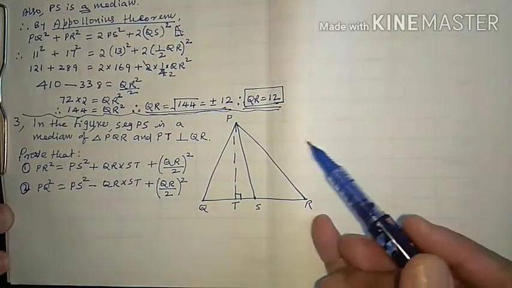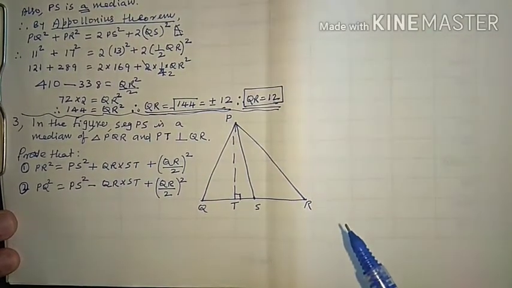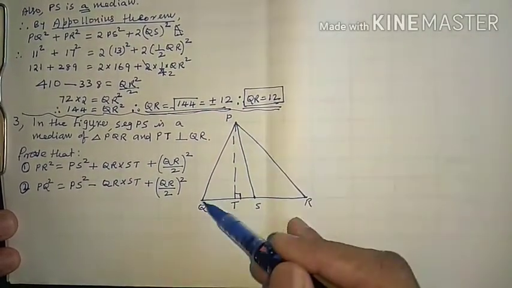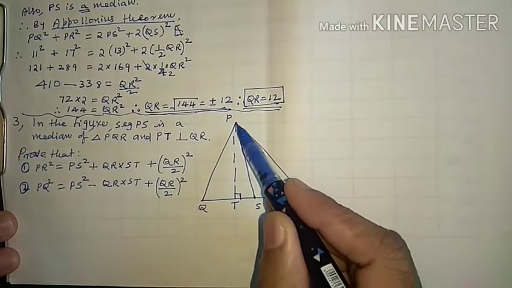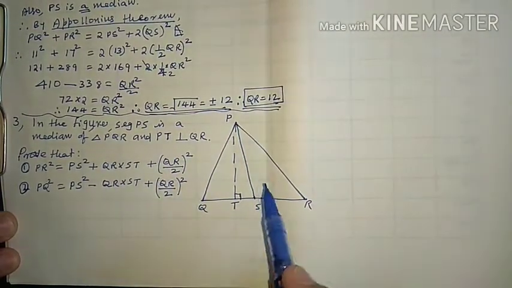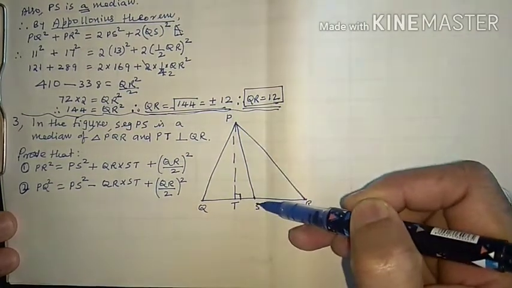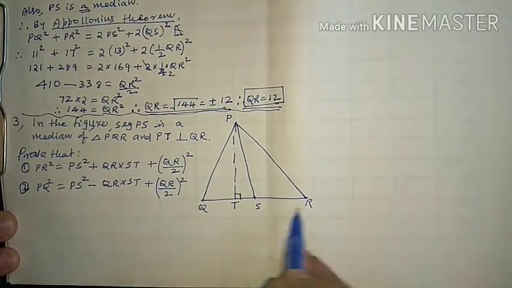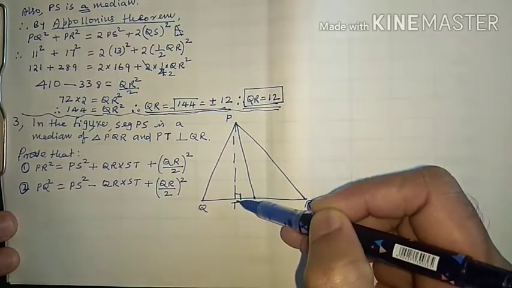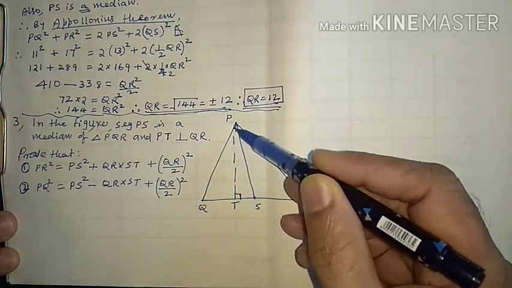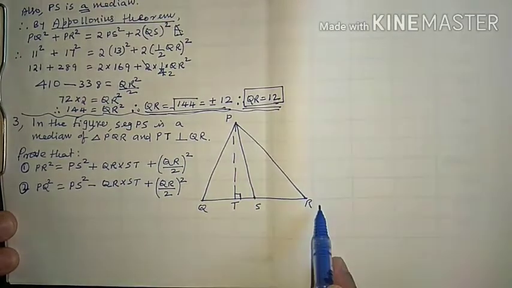Now, exactly like how we did Apollonius theorem, here also we have to consider triangle PQR. PS is a median. PS is a median means S is the midpoint of QR. PT is drawn perpendicular, given PT perpendicular to QR.